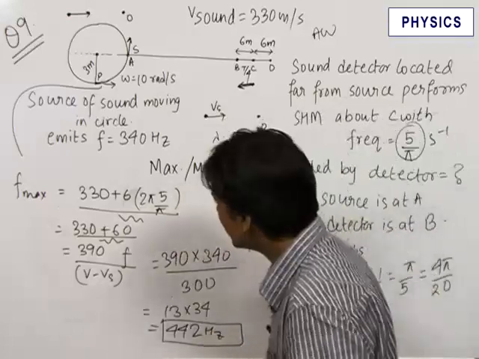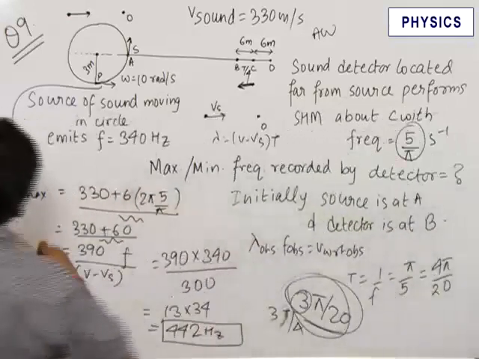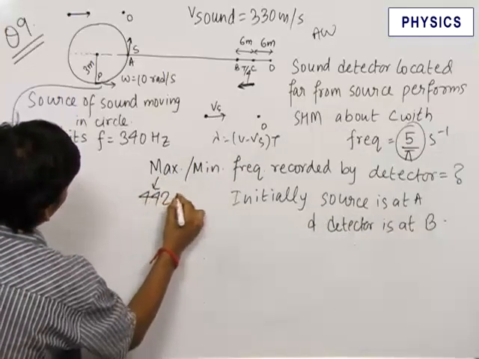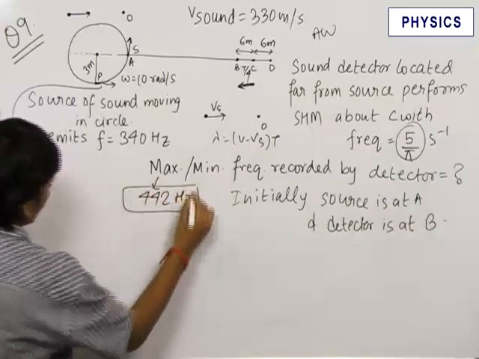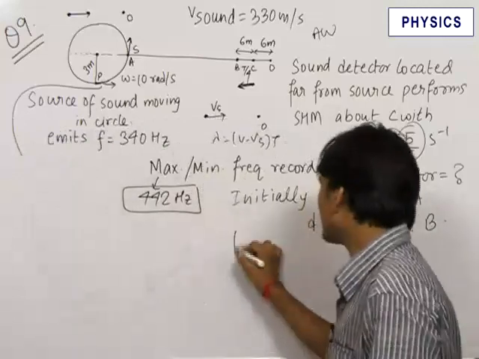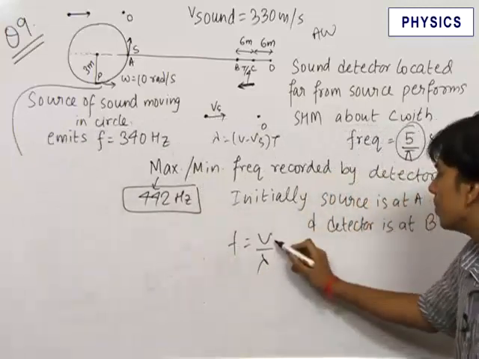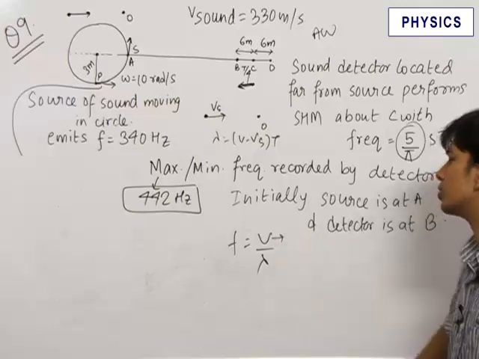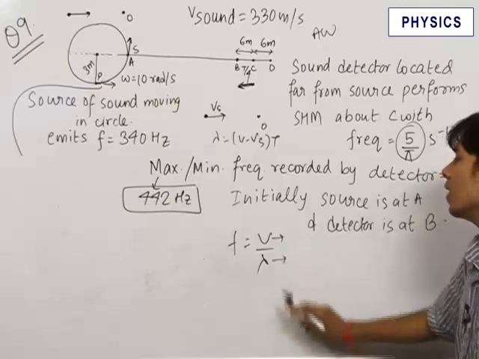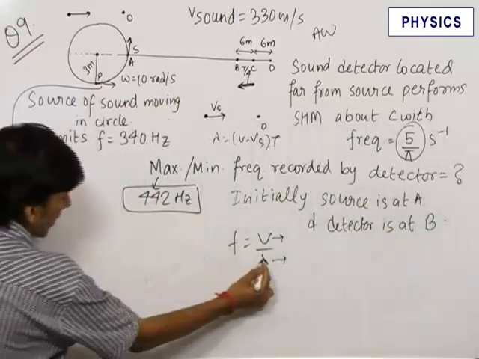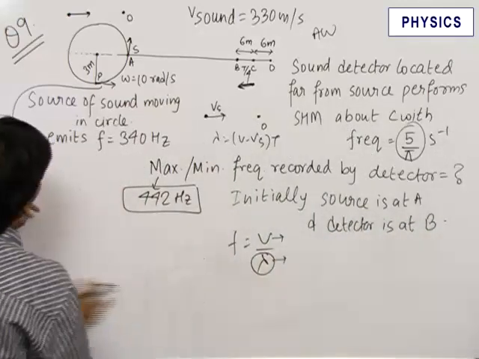Now let us find out the minimum frequency. We have maximum is equal to 442 hertz. Now we need to find out the minimum frequency. We know that f is equal to v upon lambda. Therefore we again now need to minimize the velocity of sound with respect to observer and maximize the wavelength with respect to the observer. So for this, let us first try for maximizing the wavelength.